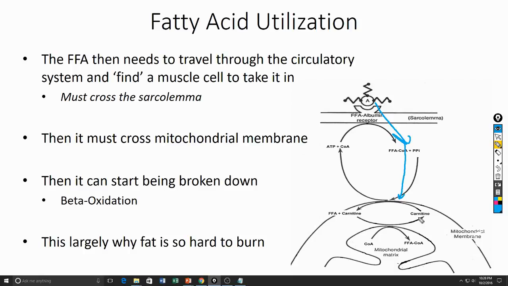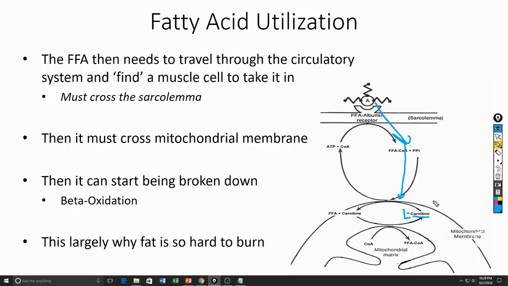This is where something called carnitine comes in. Perhaps some of you have heard of a supplement called L-carnitine. The L in front of it just refers to the isoform or the type.